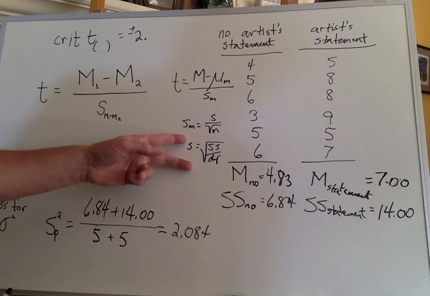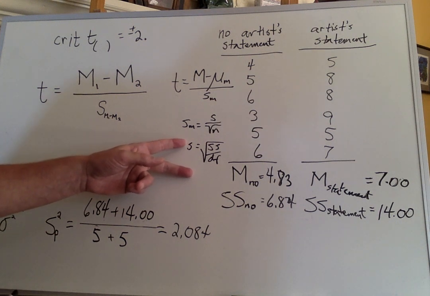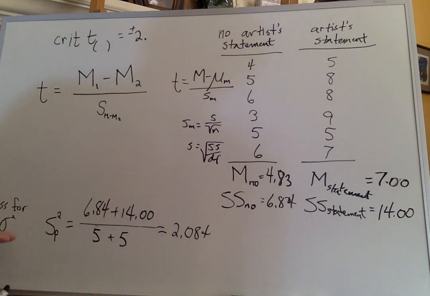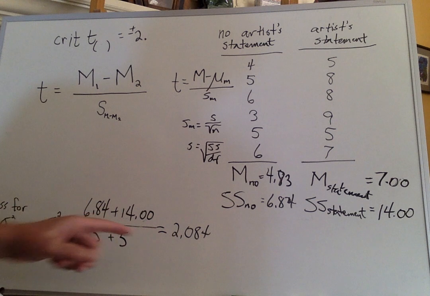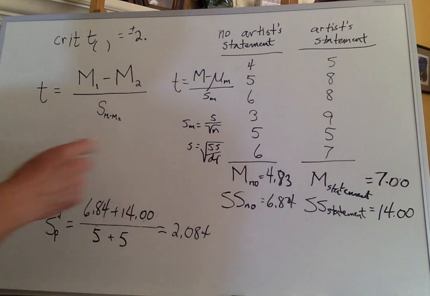This is the equivalent to our first step with our single sample t-test. That gives us our guess for sigma. Of course, we squared that. We didn't do any square root here, so that's squared. Now we're going to do our central limit theorem step, and that is we're going to get S sub m minus m.